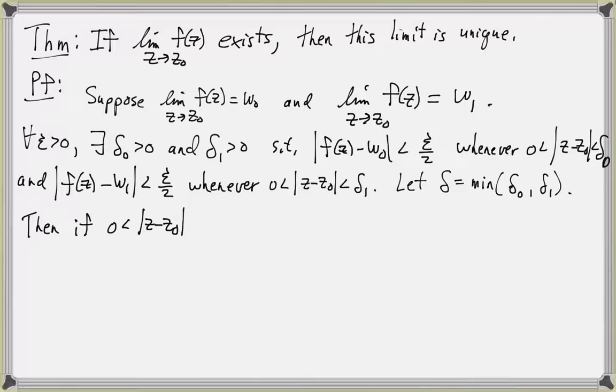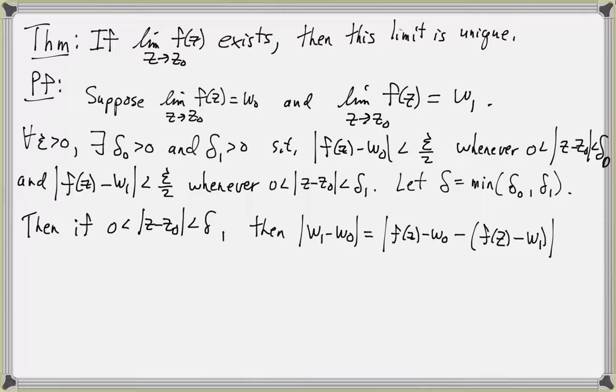Then if |z minus z0| is less than delta and greater than 0, then the absolute value of w1 minus w0, I can add and subtract f of z inside this to equal f of z minus w0 minus the quantity f of z minus w1, and then by the triangle inequality, this will be less than or equal to the absolute value of f of z minus w0 plus the absolute value of f of z minus w1, which is going to be less than epsilon over 2 plus epsilon over 2, which equals epsilon.